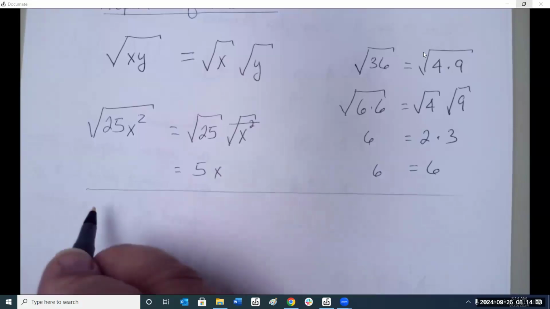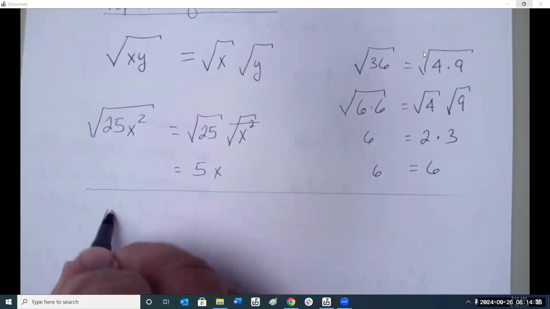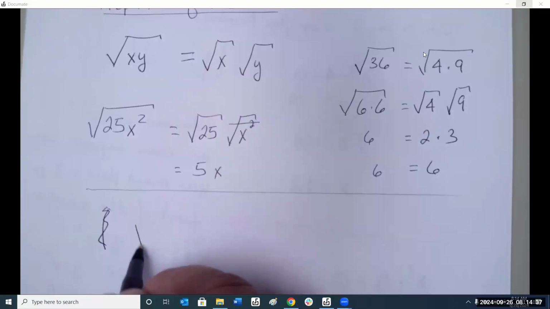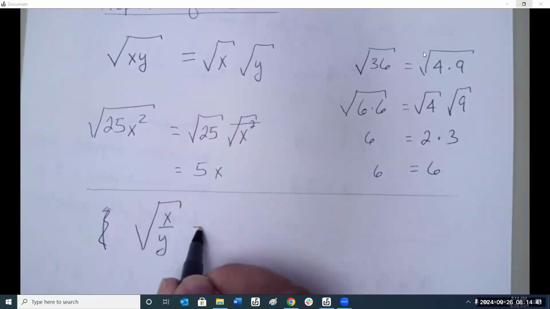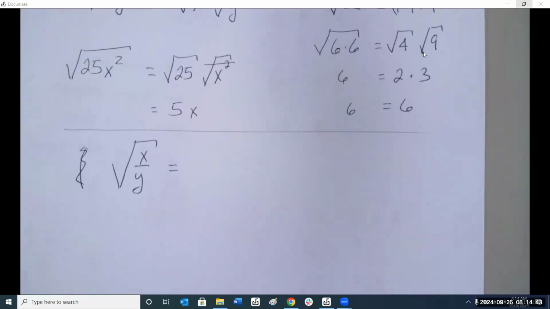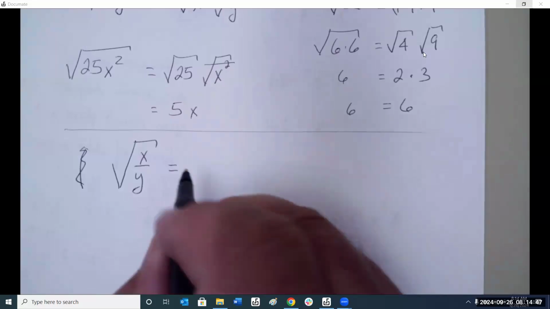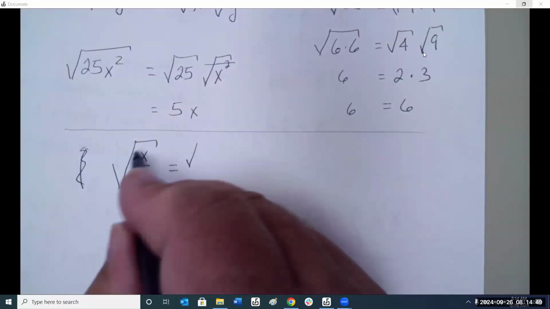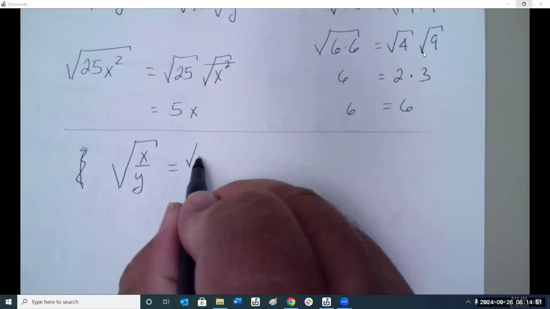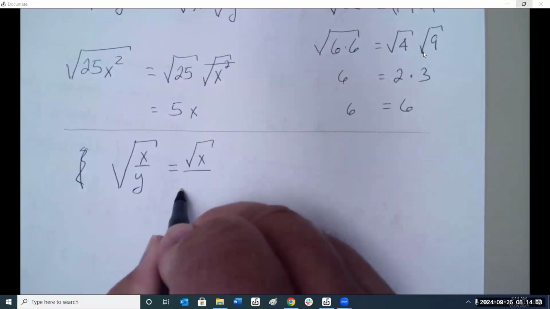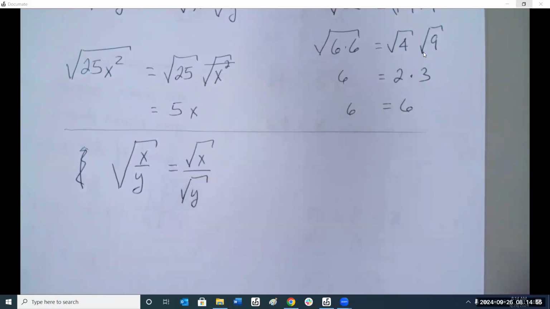That's the first one. Then we have the quotient rule. If you have a quotient inside a radical and you can't do anything like this, then you can split them up and maybe this might work a little bit better.